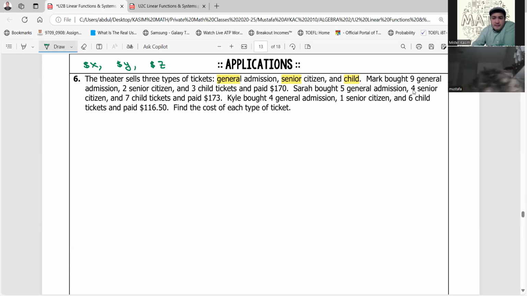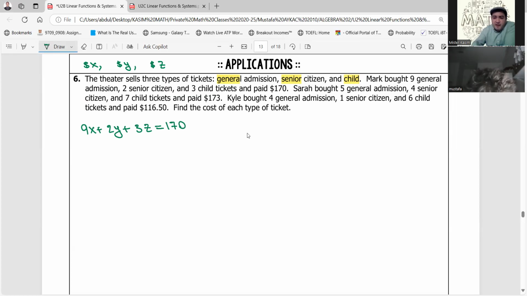Then Mark bought nine general admission, that costs 9X dollars. Two senior, that is 2Y dollars. And three child tickets, that costs 3Z, and paid $170.